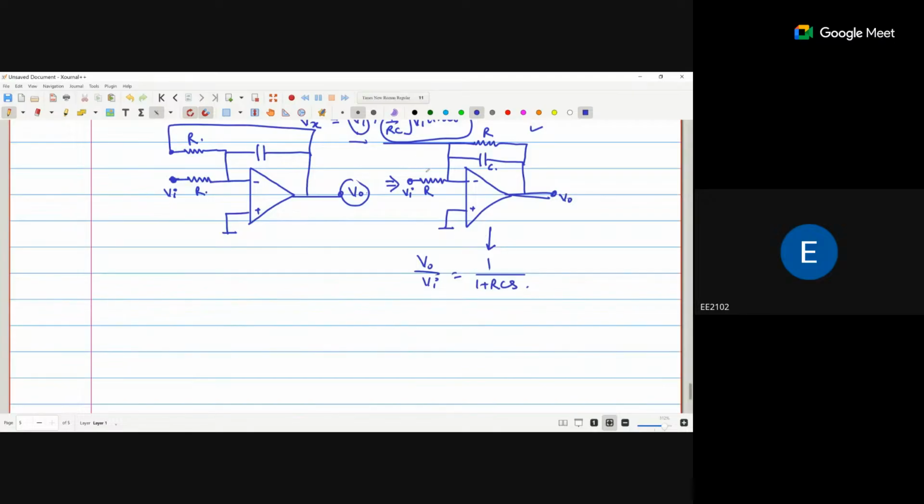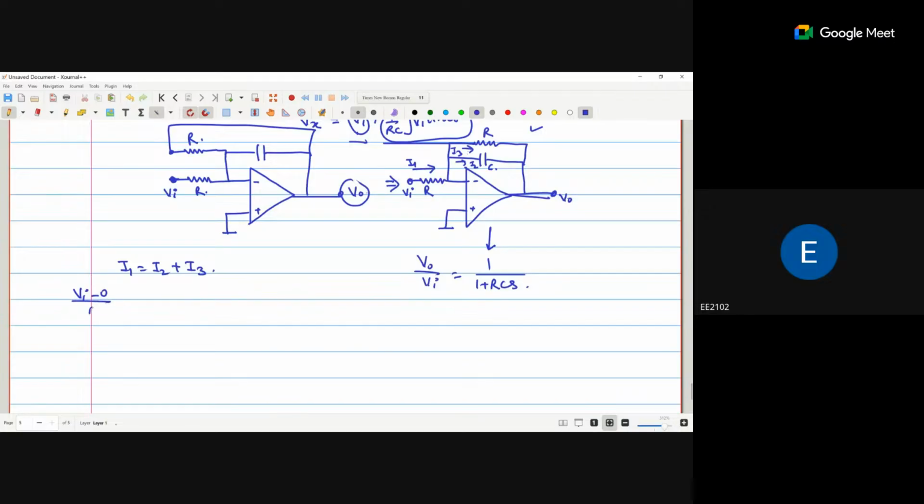How can we check? Again, the incoming current will be the outgoing current. So I will say this is I1, I2, I3. So we can say I1 is equal to I2 plus I3. What is I1?